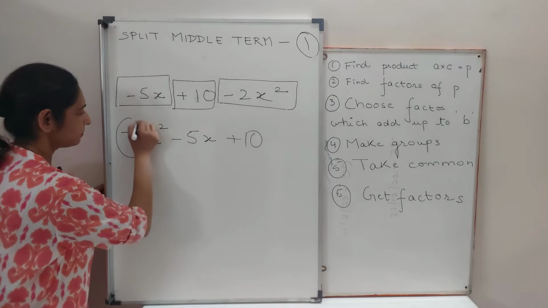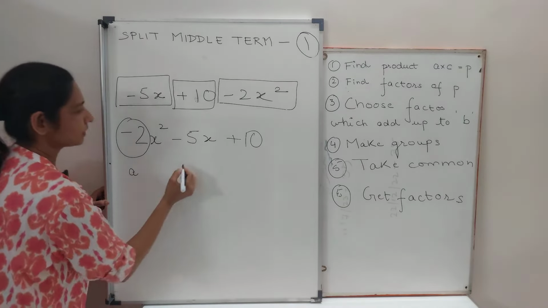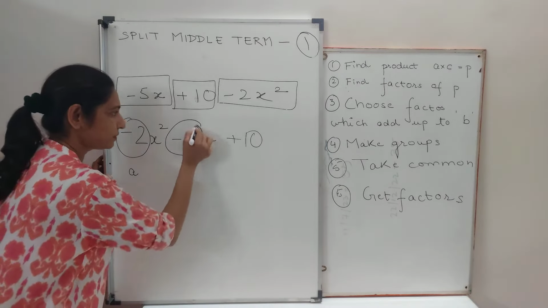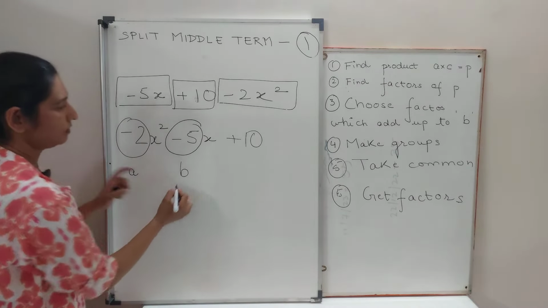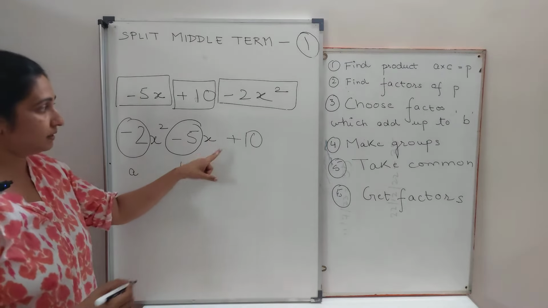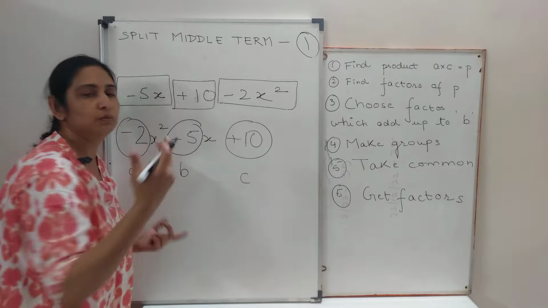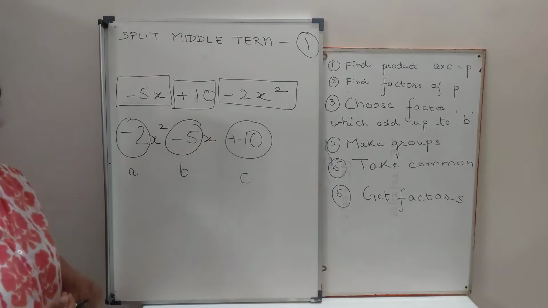Okay, now let's see. This becomes a, the coefficient of x square. This becomes b, the coefficient of x, and the constant is without x. That's the definition.